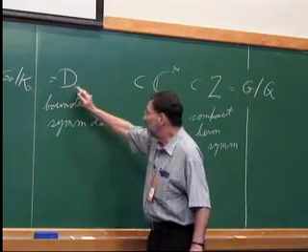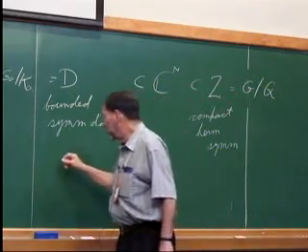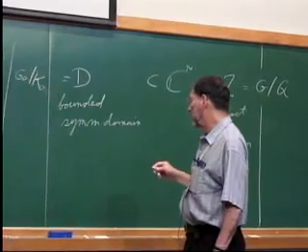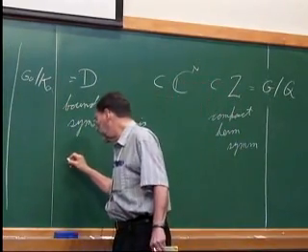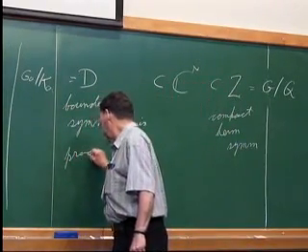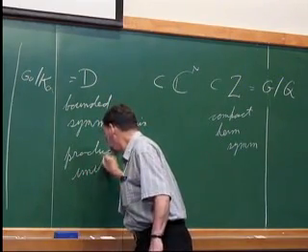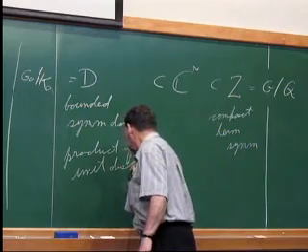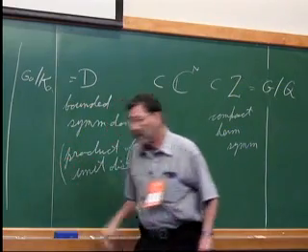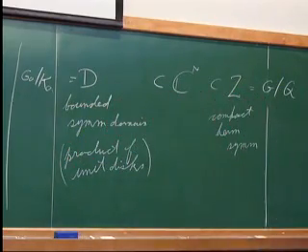And inside this bounded symmetric domain, you have a product of unit disks. I'll give you an example in a moment with the Grassmannian and see where these come from.